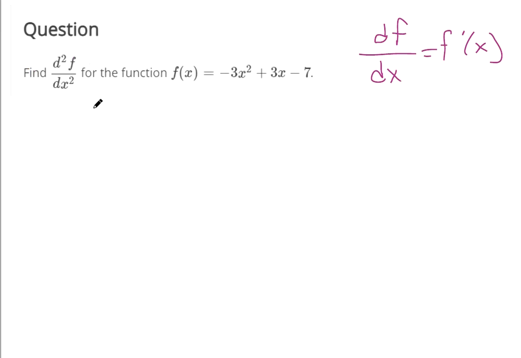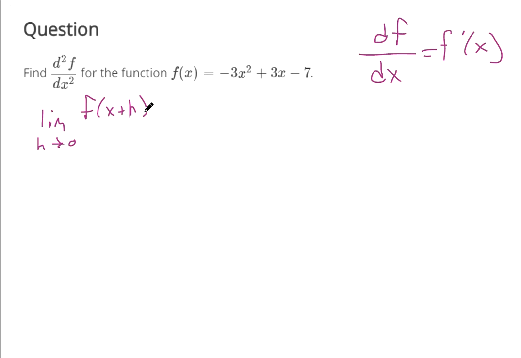So what we need to do is first find the first derivative. At this point in the course, we have to use the limit definition of the derivative. So that means we need to find f of x plus h. When we used the limit definition of the derivative before, a lot of the time we were finding the slope at an instant. This question is asking us to find the slope of all f of x.